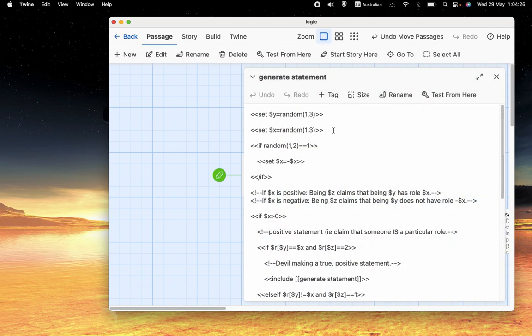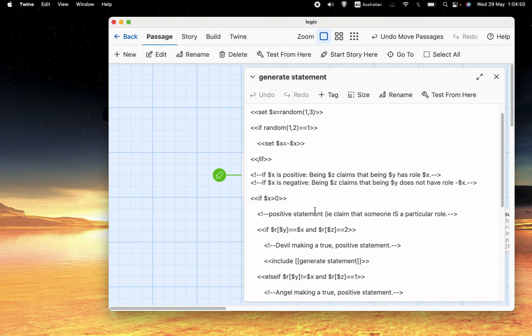So as before, we generate Y and X being a random number from 1 to 3. But now, because we have the possibility of negative numbers, we have this thing here which says if the random number from 1 to 2 is equal to 1, then set X equal to minus X. So 3 becomes minus 3, 2 becomes minus 2, and 1 becomes minus 1. All right.